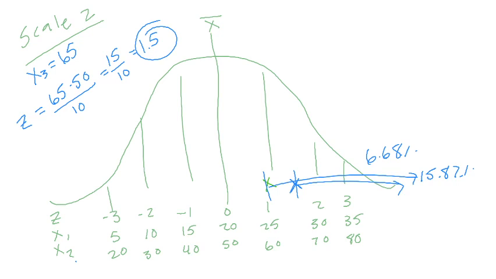Then that would tell us the area that is between us, or the percentage of people that scored in here. So if we get the difference between 15.87 and 6.68, we get something like 9.19. That's the area between these two scores.